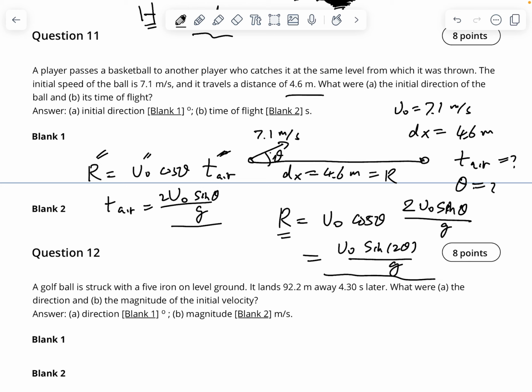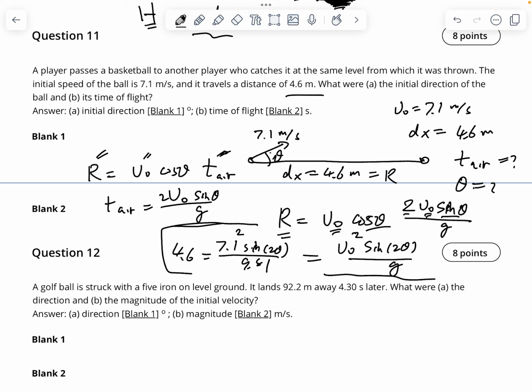R is 4.6, equal to v naught, 7.1, squared, sine 2 theta divided by g. So this is 7.1 squared divided by 9.81.